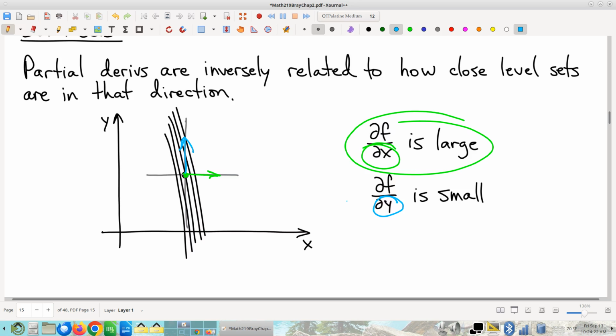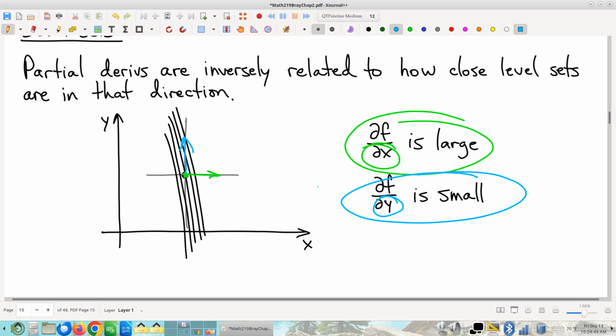That seems like a much more pleasant stroll, as opposed to the climb in the x direction. So I would imagine that the mountain's not that steep in that direction, or said differently, the graph is not that steep, or said differently, the function's not changing very much as I move in that direction. Said differently, the partial derivative I would expect to be small.